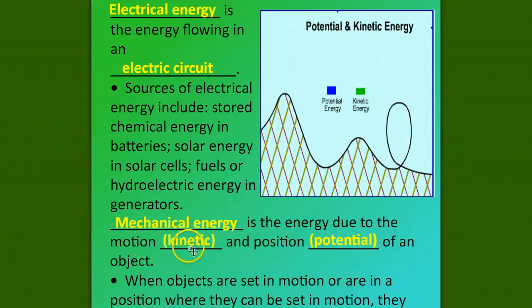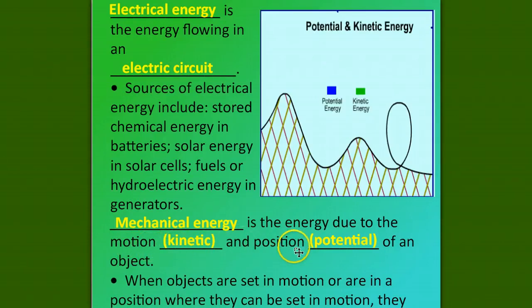Mechanical energy is the energy due to a motion and position of an object. We call the motion kinetic energy. Mechanical energy is broken up into two pieces. One part is called kinetic, which is energy due to the motion. So I think kinetic, you think motion. Kinetic, motion, kinetic, motion.